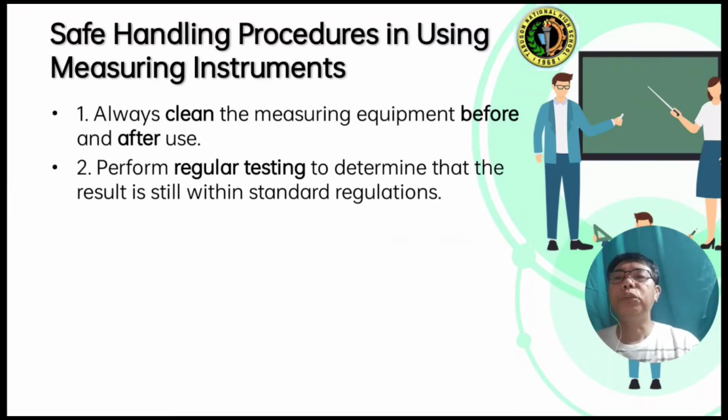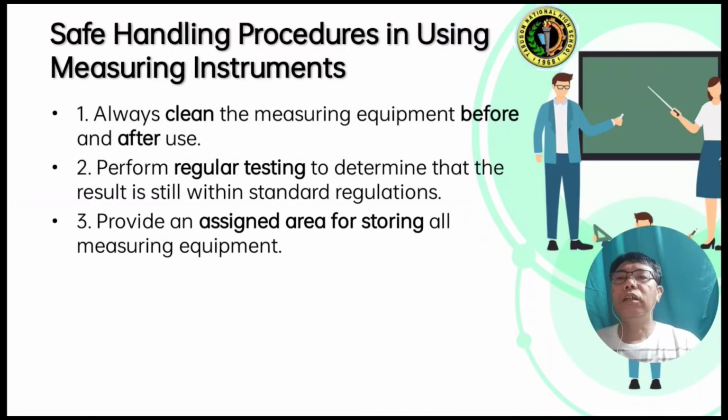And number 2, perform regular testing to determine that the result is still within standard regulation, especially for testing instruments. You have to perform regular testing, especially the reading. If the reading is in good condition or exact, you have to test that one.